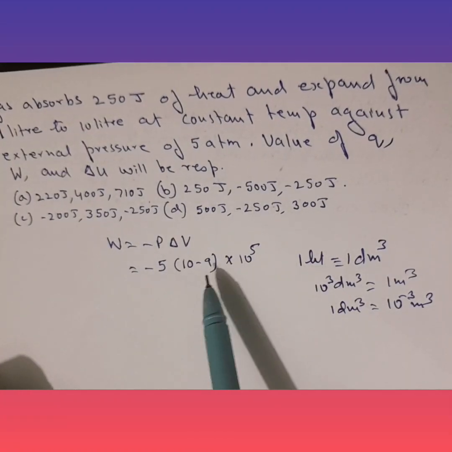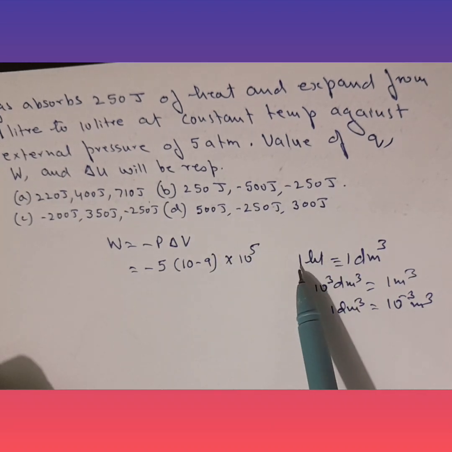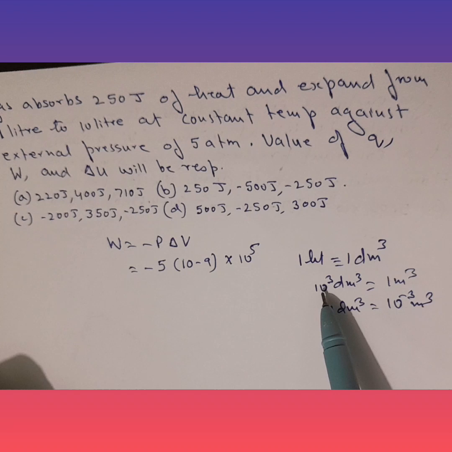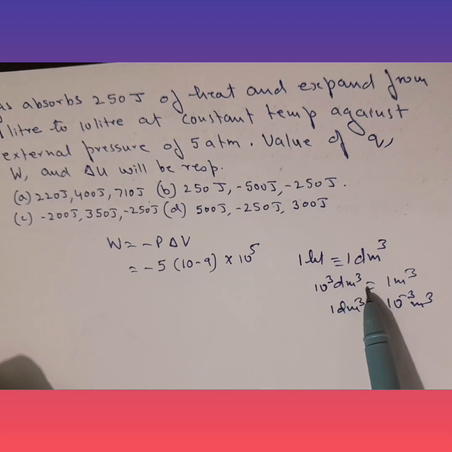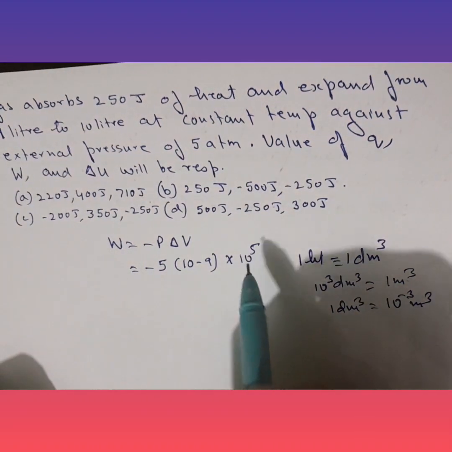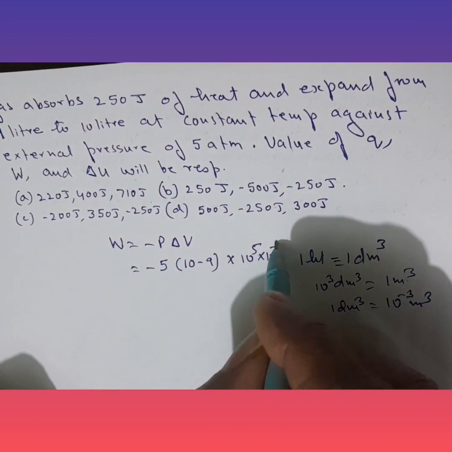So we know the relationship. We have to convert this liter into decimeter cube. Now we know 1 liter corresponds to 1 decimeter cube, and 10 decimeter cube corresponds to 1 meter cube. So 1 decimeter cube corresponds to 10 raised to minus 3 meter cube. Along with this 10 raised to 5, we also have to put here 10 raised to minus 3.